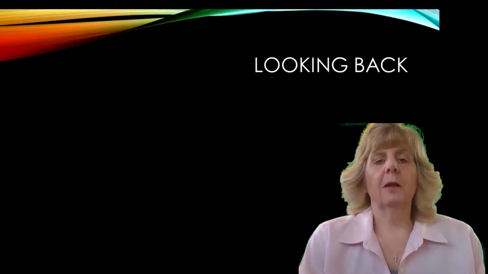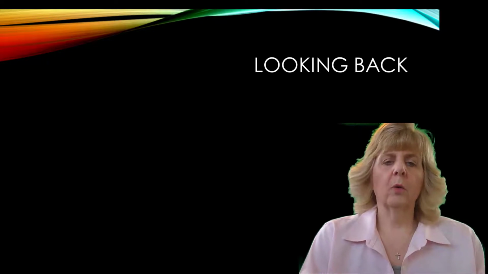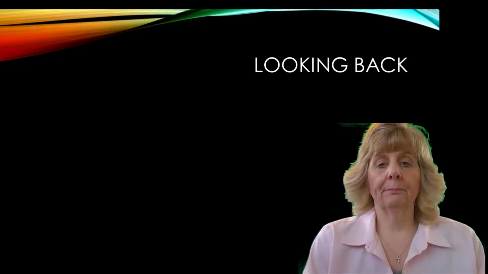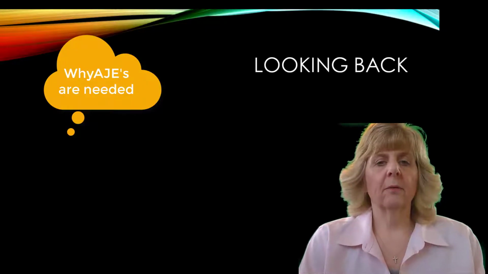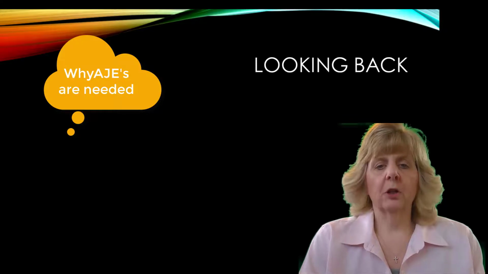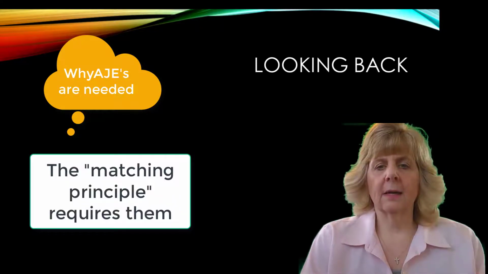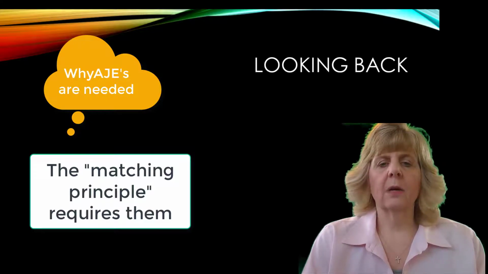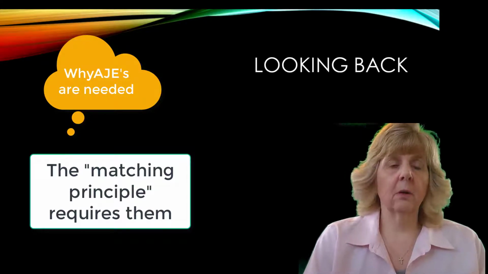In the first part of this video, we reviewed why adjusting journal entries are needed. Briefly, the matching process reminds us that our goal is to record revenues and the related expenses in the same period.